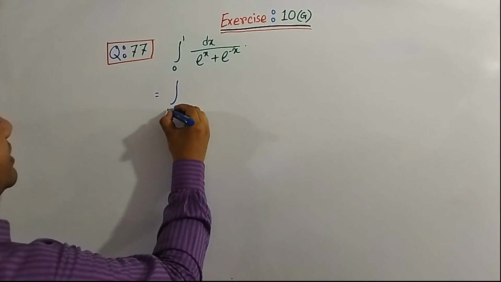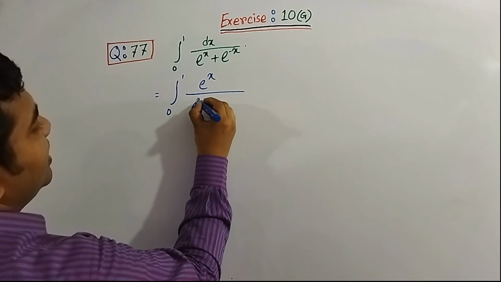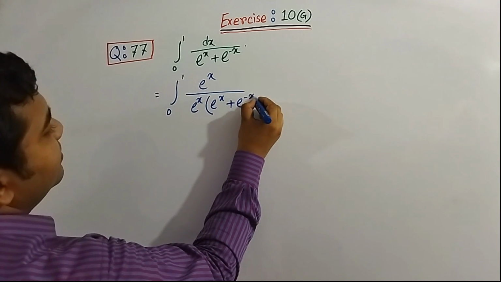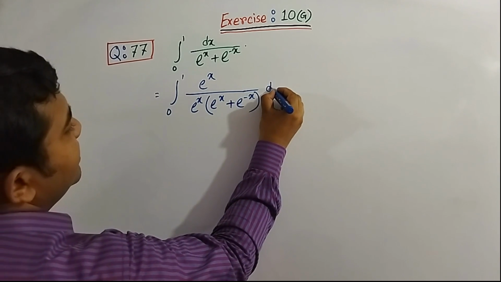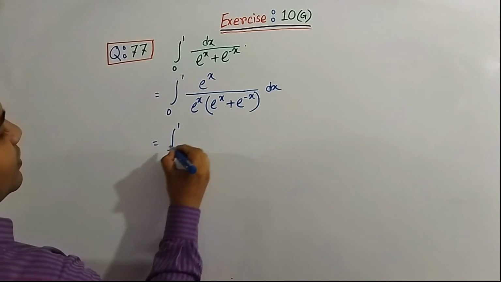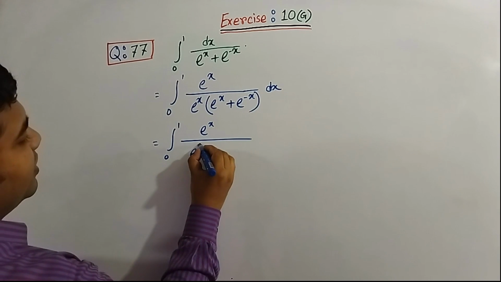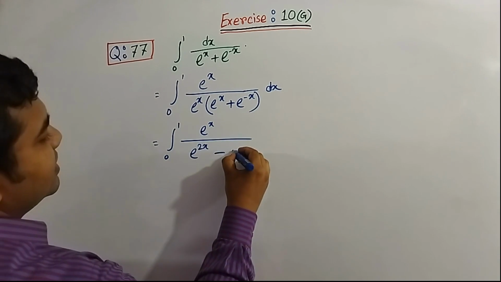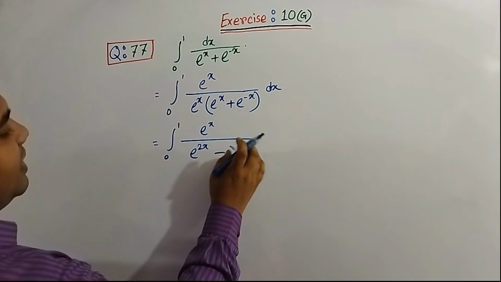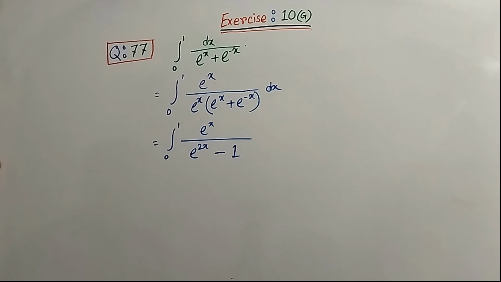After doing that, in the denominator we get e to the power 2x plus, since e to the power minus x times e to the power x are both cancelled, we'll get 1.